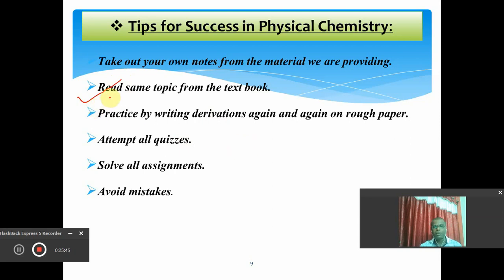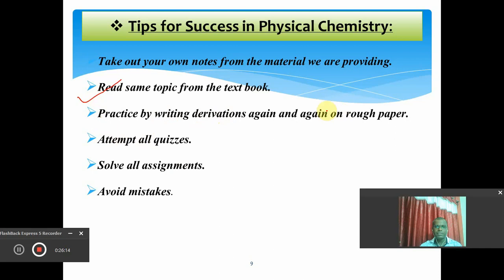There you can take the printout of the same topic, or the best way is you can issue the books from the library of the college. So whenever you have the books, as we proceed with a particular topic in the coming lectures, you have to read the same topic from the textbook also, so you will come to know what we are going to teach you.